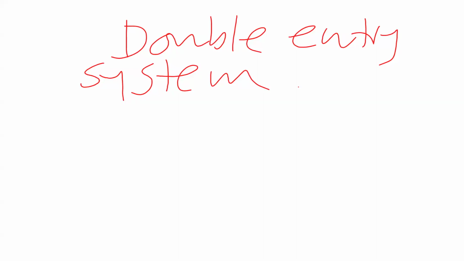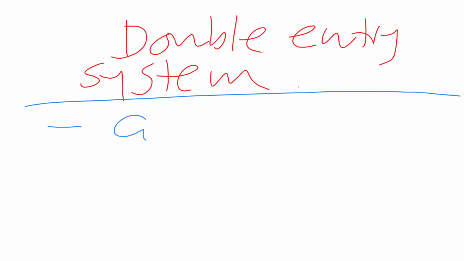Number one, for it to be called a transaction, it should involve two parties. There should be the party that is giving in the transaction, and there should be the party that is receiving.